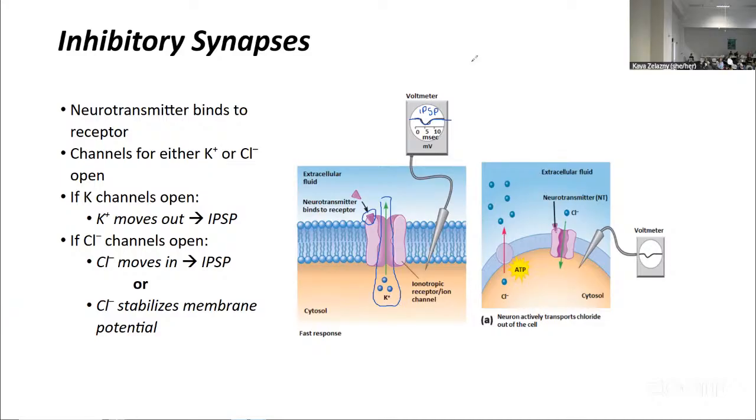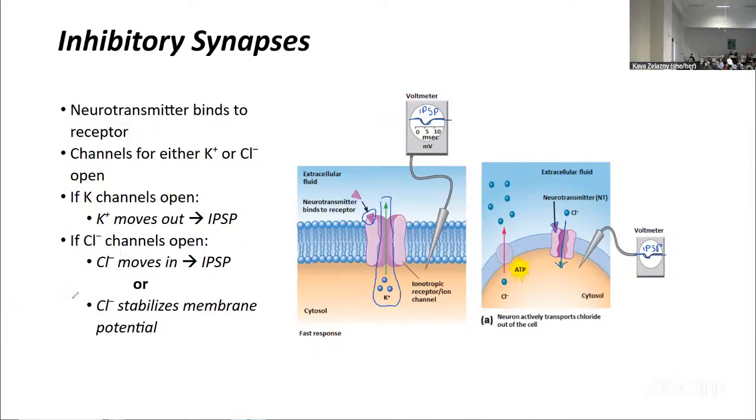We can see one of the simpler things that chloride does here, right? So one way we might see chloride interacting in a synapse. We might have a chloride channel opening and letting chloride into the cell. Right, so here we see that IPSP again on our voltmeter. Right, so in that inhibitory hyperpolarizing direction.